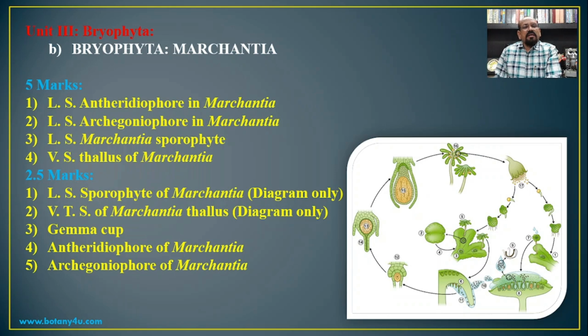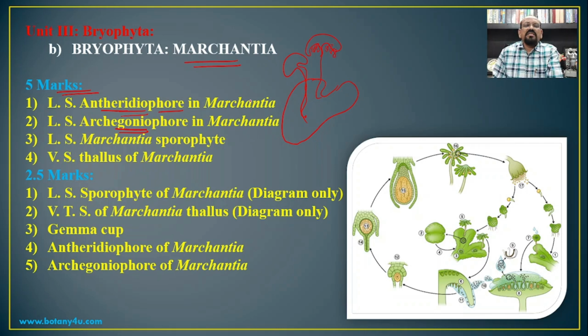The next one in the unit is Marchantia. If you see the 5-mark questions on Marchantia, the first question is the LS of antheridiophore. If you see the archegoniophore and the antheridiophore, from the thallus there is a development of structures known as antheridiophores and archegoniophores, because archegonia as well as antheridia develop from these structures.